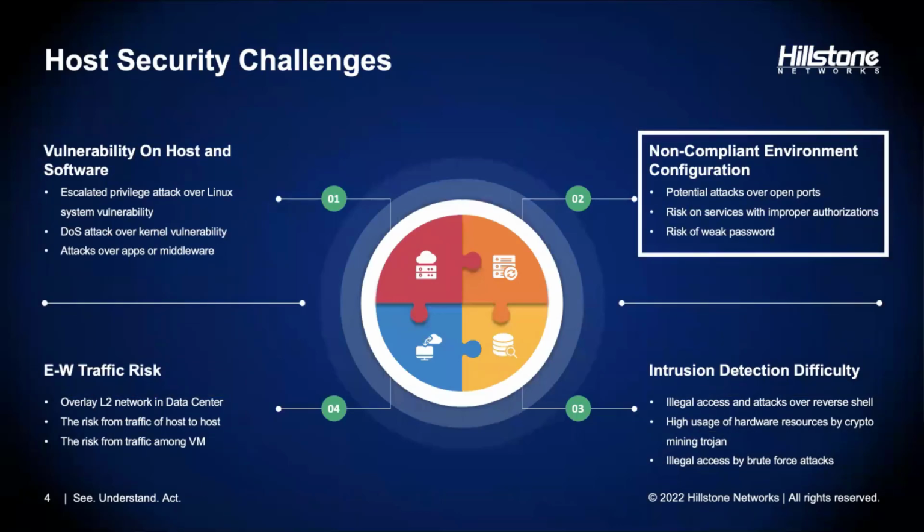To the next genre of host security challenges, it is ensuring the environment configurations are compliant. Open ports by themselves aren't necessarily bad, but if ports are left open and the network and security configurations are not compliant, then these open ports become points of vulnerability that can be exploited.